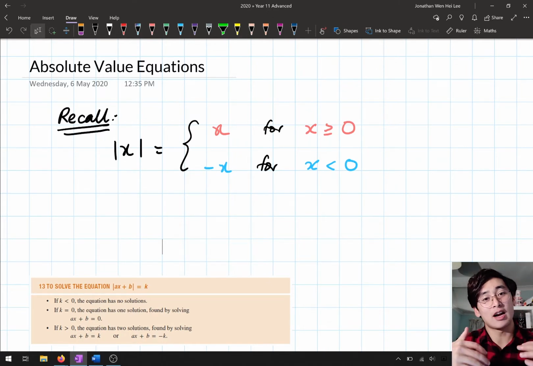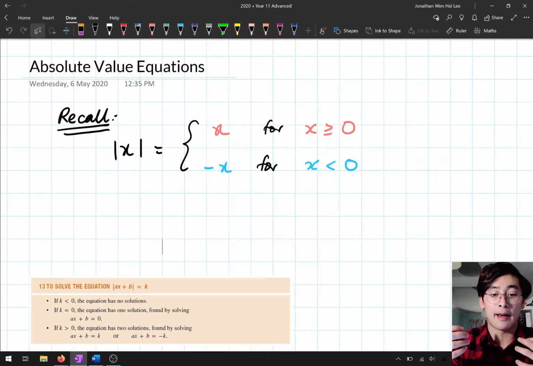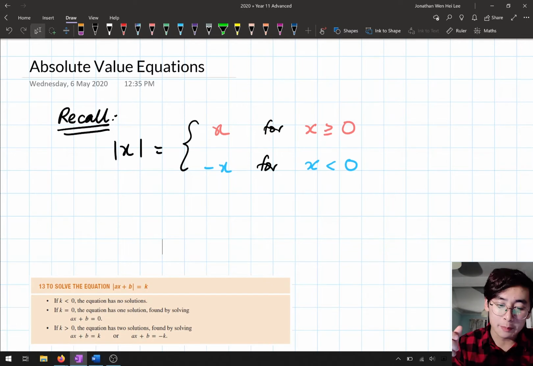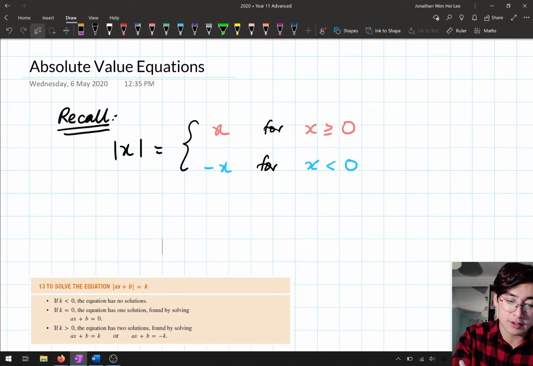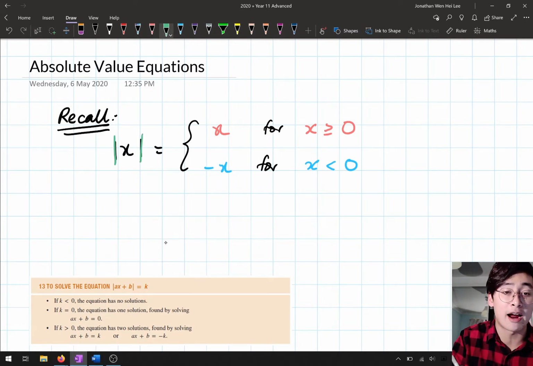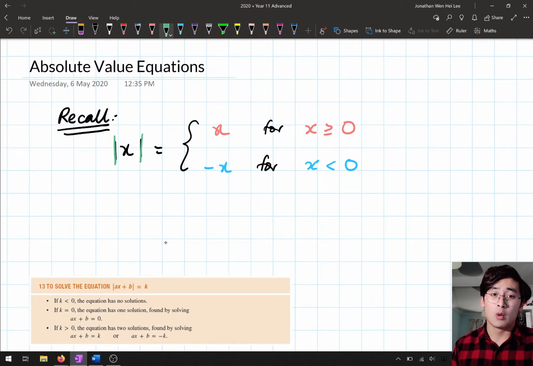But what I'm going to do at the start here is just go through a quick recap of what the absolute value function does. Now, the absolute value is just these two lines that we see here where we put around a number or numeral. What it tells me is that I take the magnitude or the size of the number and ignore the sign of the number.